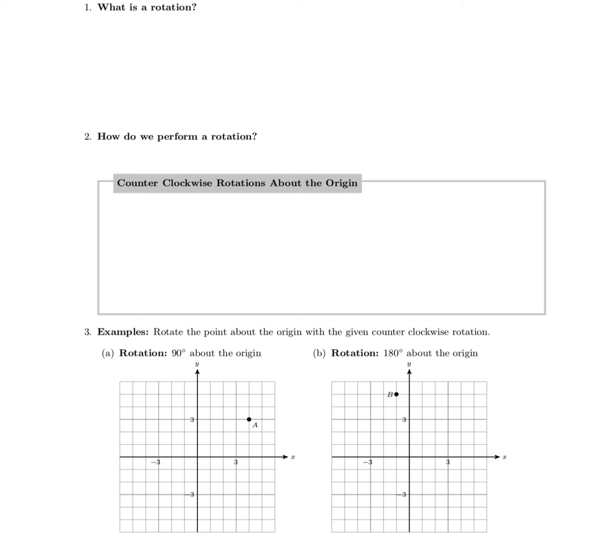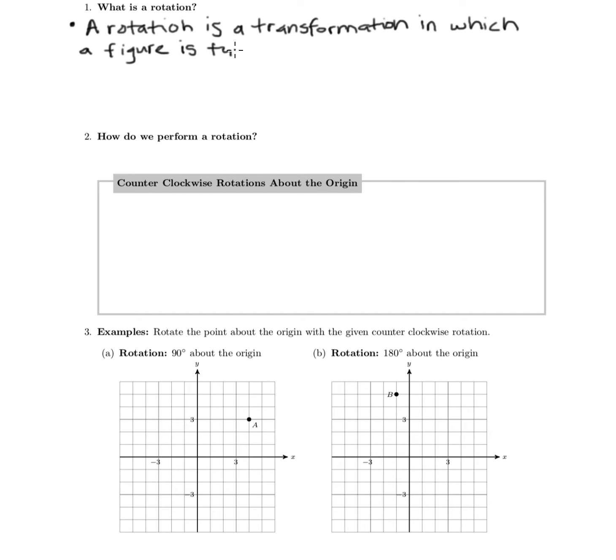All right, so section 9.3, rotations. What is a rotation? The first thing you want to know is the definition, so we'll write that down. A rotation is a transformation in which a figure, so any shape, it can even be a point, is going to be turned about a fixed point.